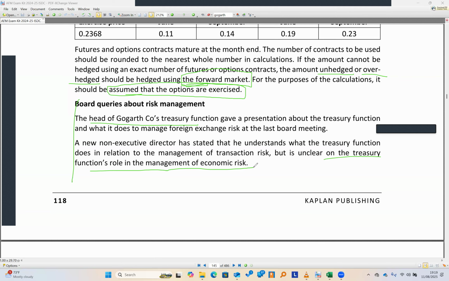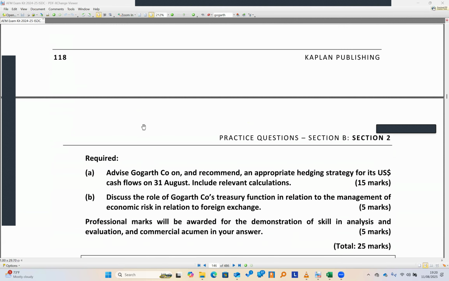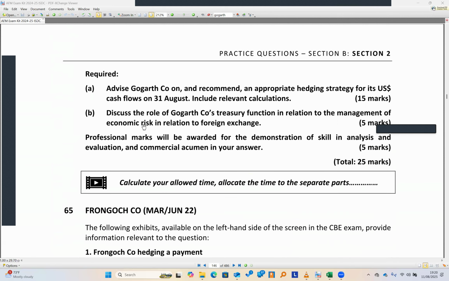So you have seen they are telling you transaction risk, economic risk. For you to be able to answer this question very well, you need to know what these two are, such that you can say how the treasury function comes into play regarding the different risks. And here they have told us to look at only economic risk because that's what they wanted to understand. They were not clear on what they exactly do with that kind of risk.